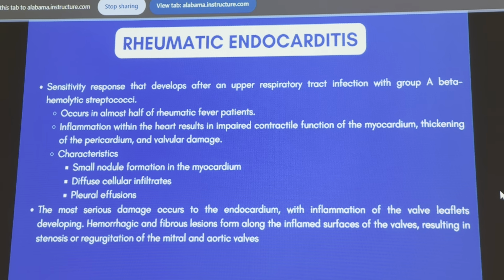At some point in my life, I've had a group A streptococcal infection that either wasn't adequately treated or wasn't treated at all. Something like scarlet fever or even strep throat. I've had that infection before, it's gone away, it's gone dormant.